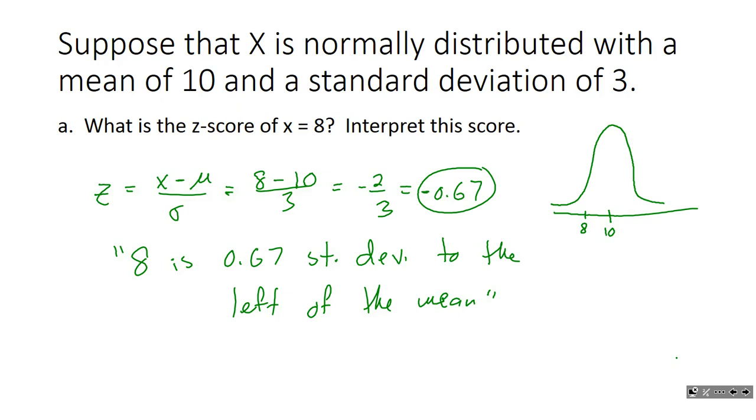We don't say it's negative 0.67. The negative is indicated by the word left in the statement. So if the z-score were, let's say, 0.8, then we would say we were 0.8 standard deviations, and since it was positive, to the right of the mean.